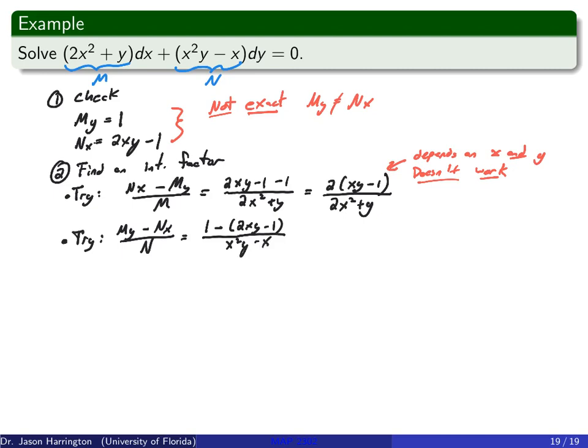Now right off the bat you're like, maybe that's not going to work. But we got to simplify it first, right? So if I simplify this, that's going to turn into 2 minus 2xy divided by x squared y minus x.